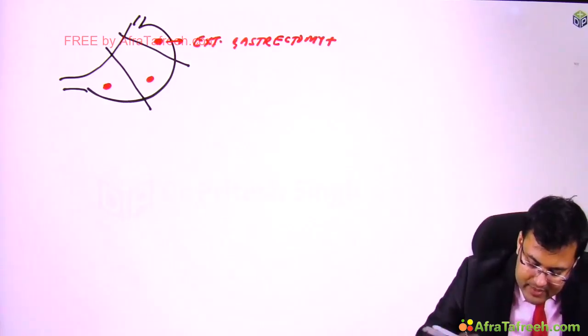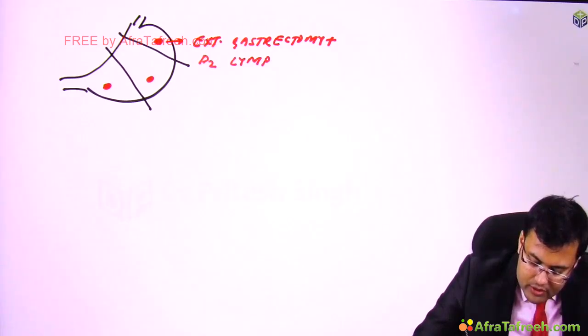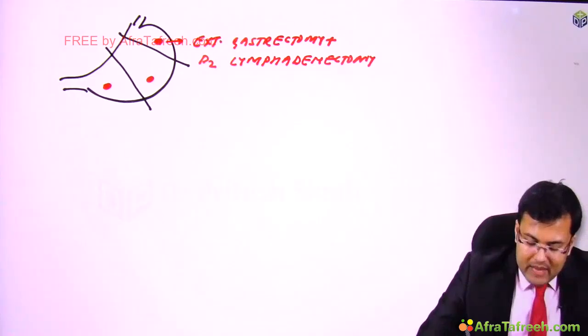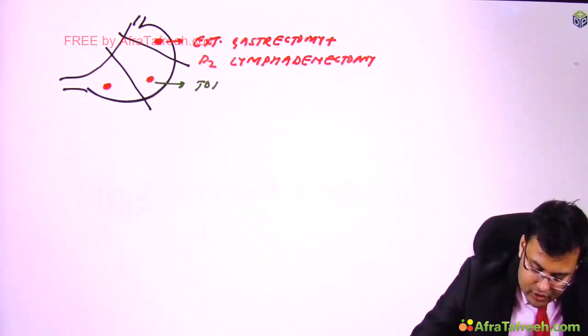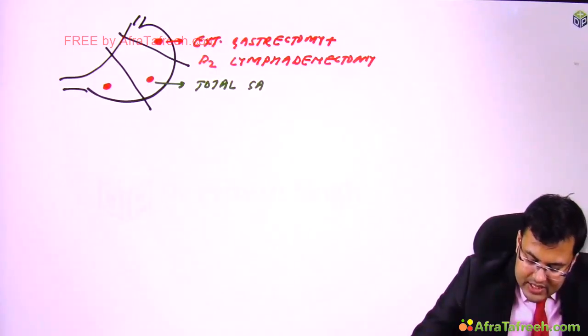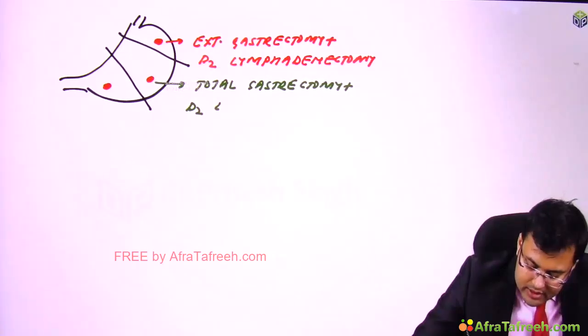And apart from extended gastrectomy, we go for D2 lymphadenectomy. When the malignancy is located in the middle 1/3, we go for total gastrectomy plus D2 lymphadenectomy.